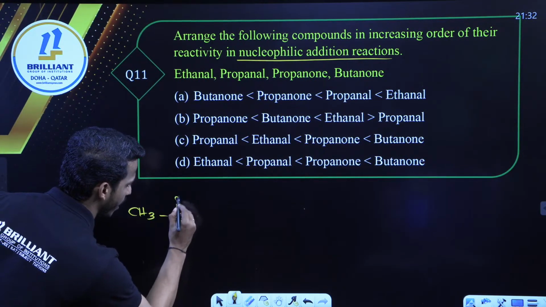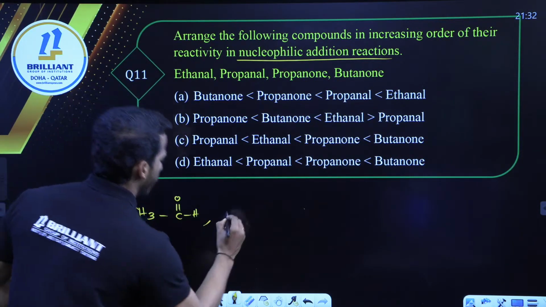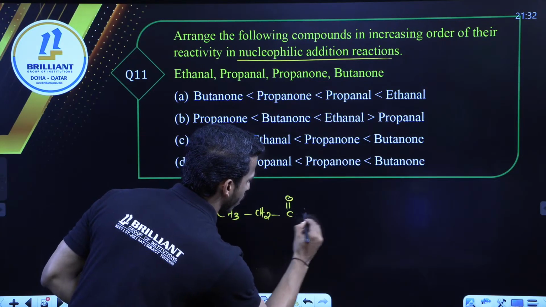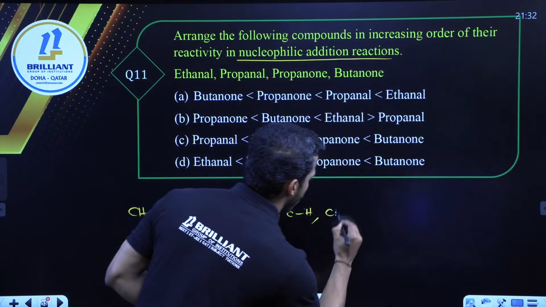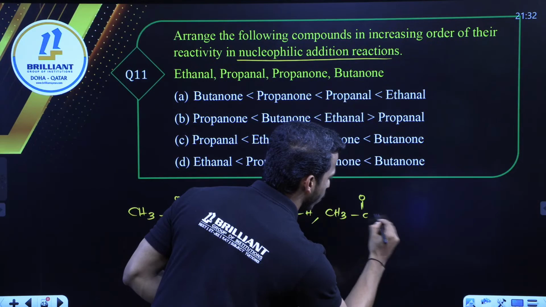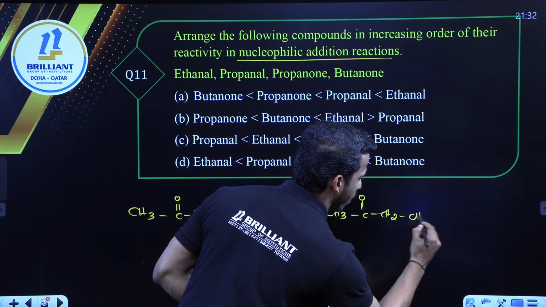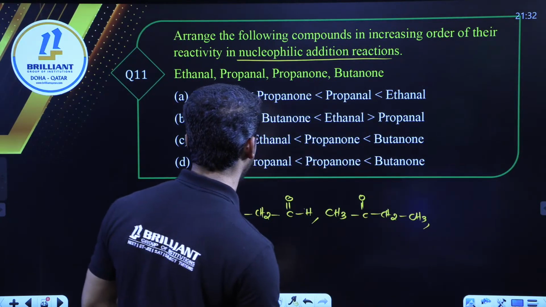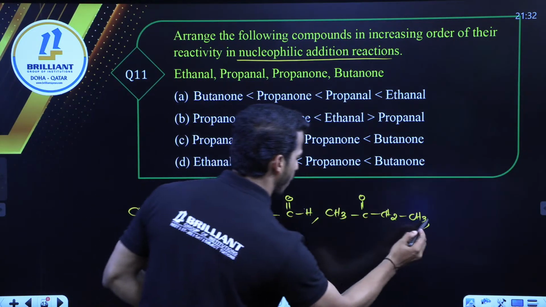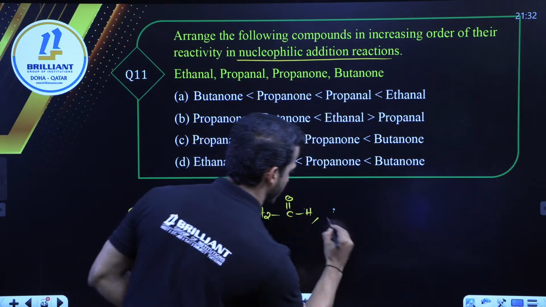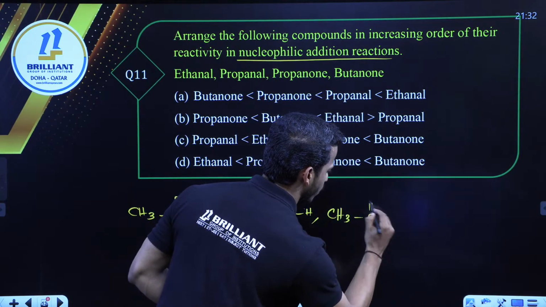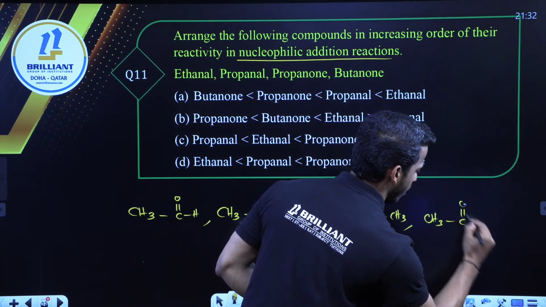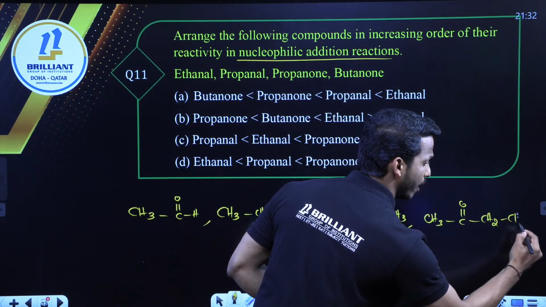Ethanal. Propanal, CH3CH2CHO. Butanone is CH3COCH2CH3. In between, propanone is there, CH3COCH3. What is the last one? CH3COCH2CH3, butanone.